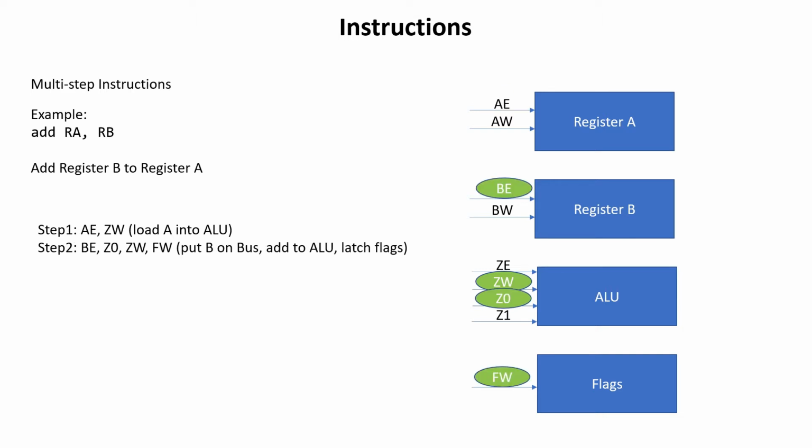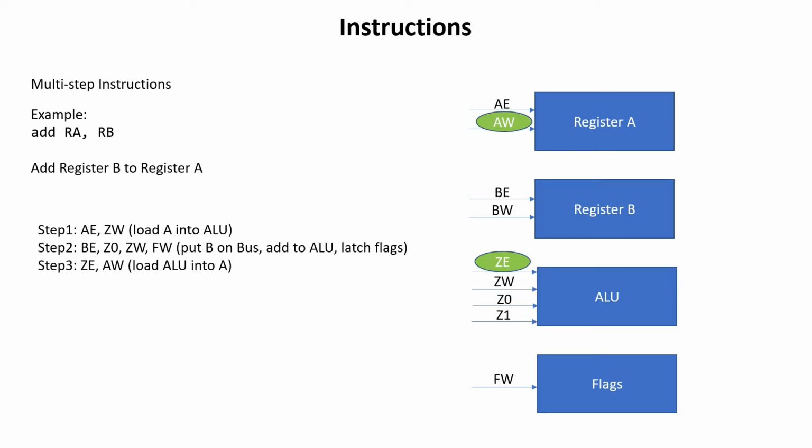Step 2 will be enabling the output of register B to the data bus and adding the value in the ALU to the value on the data bus, and also latching the flags so that we later know whether there was a zero flag or a negative event. And the third step, of course, is moving the new value into the A register, so we enable the output of the ALU and load that value into the A register.